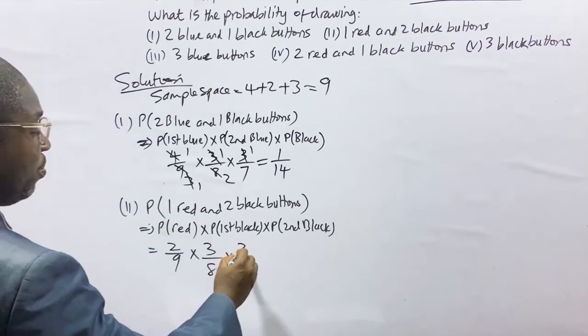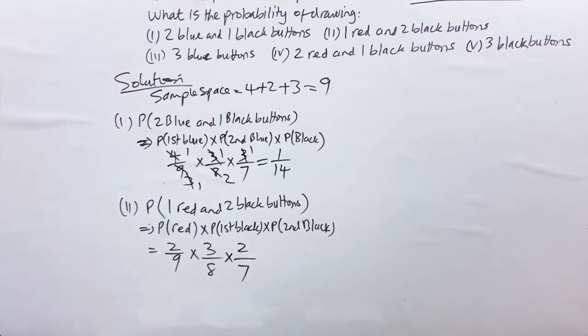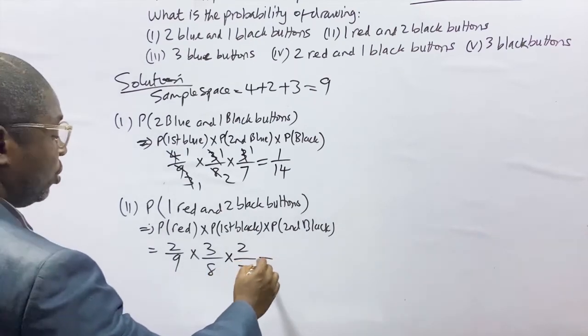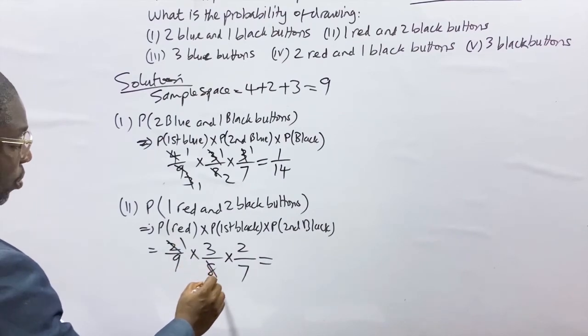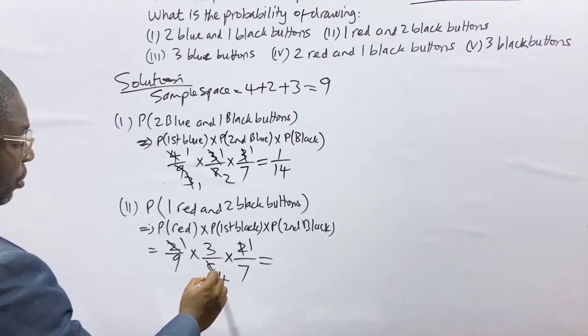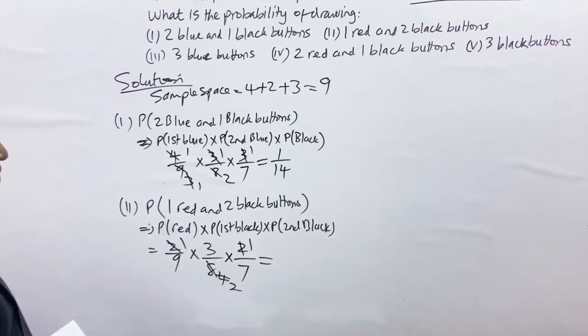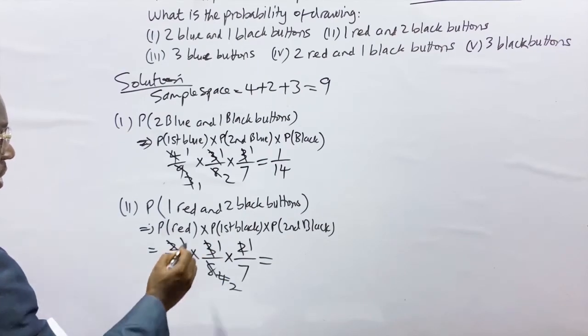So this becomes 2 all over 7. Are you following? Okay, good. So what we'll now do is break this down so that it will not be difficult for us to deal with. So 2 can go here 1, 2 will go here 4, 2 will go here 1, 2 will go here 2, 3 will go here 1, 3 will go here 3.